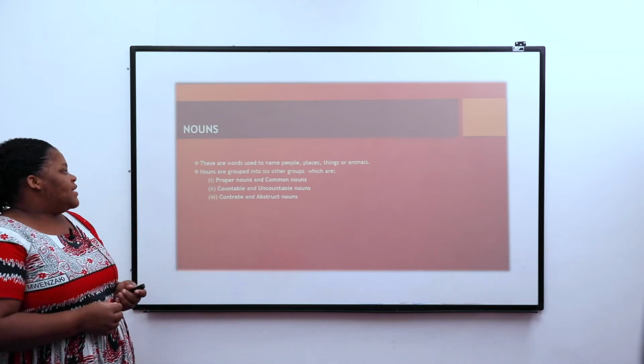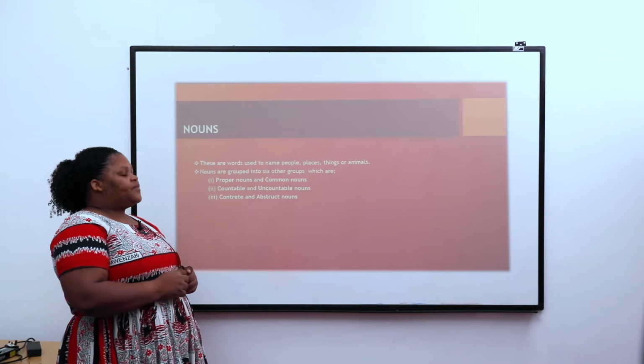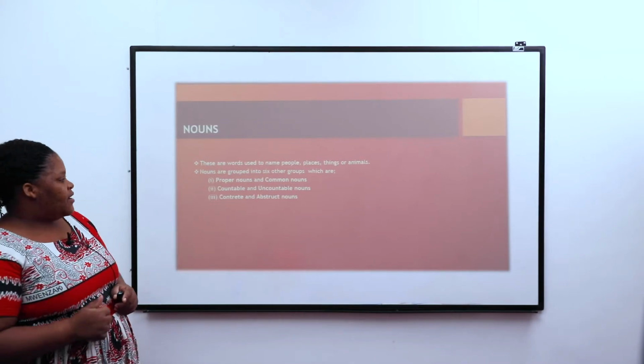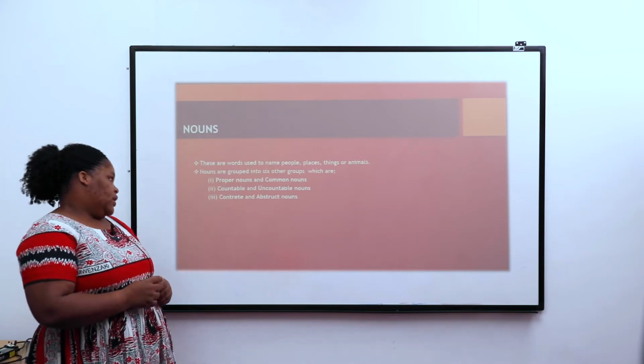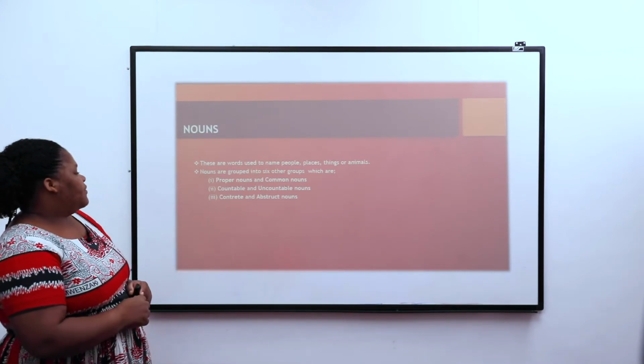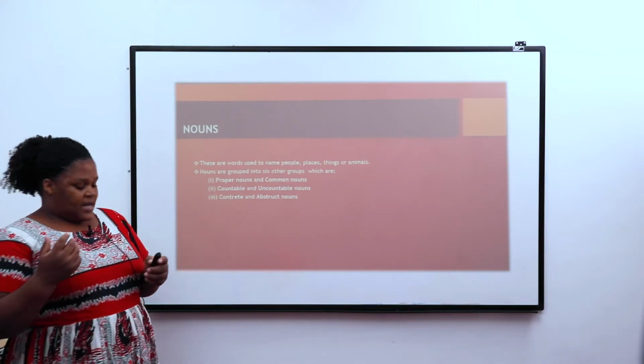Nouns are grouped into 6 other groups, which are: 1, the proper noun and common noun; 2, countable and uncountable noun; 3, concrete and abstract noun.